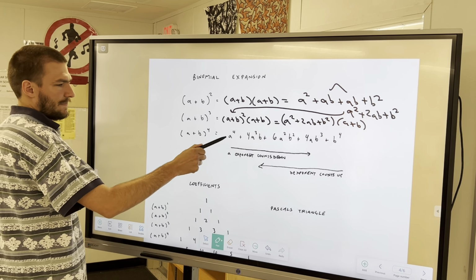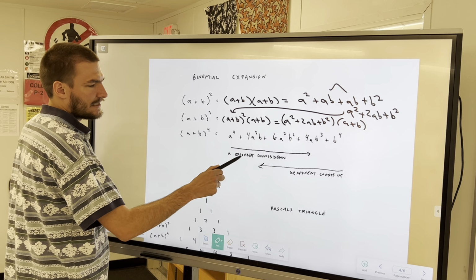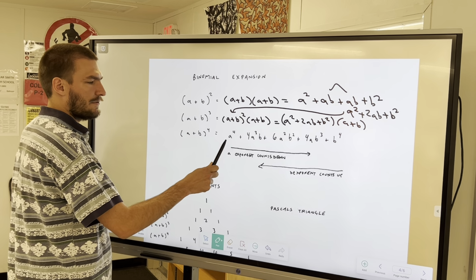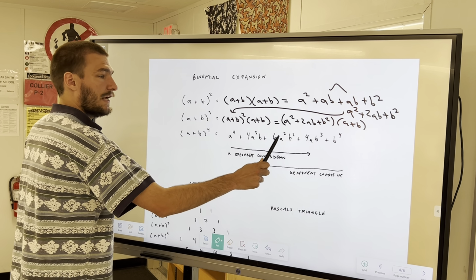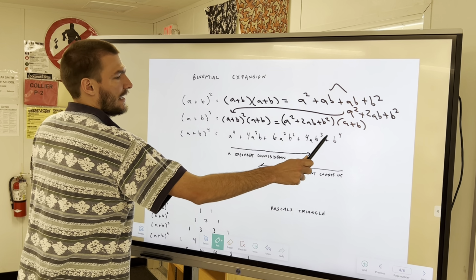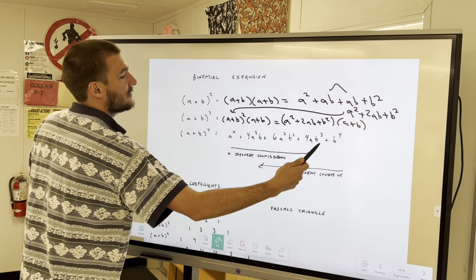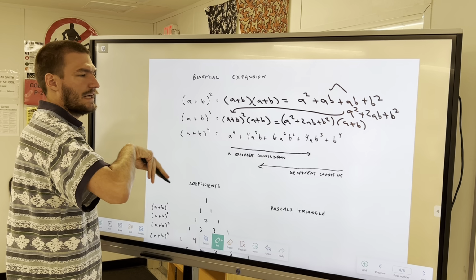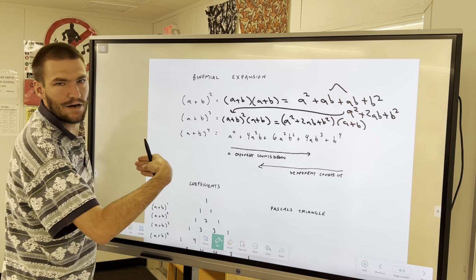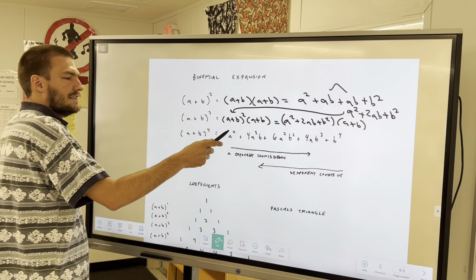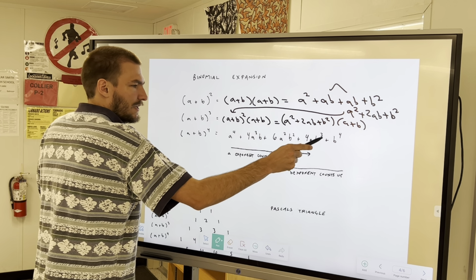You can notice it goes a power 4, and then the a exponents will count down. So it's a power 4, the next term is a power 3, a power 2, a power 1, and then a power 0, where it basically has disappeared. And the b exponents backwards are counting up, or counting down from reverse, however you want to think about it, right? 0 b's, 1, 2, 3, 4.